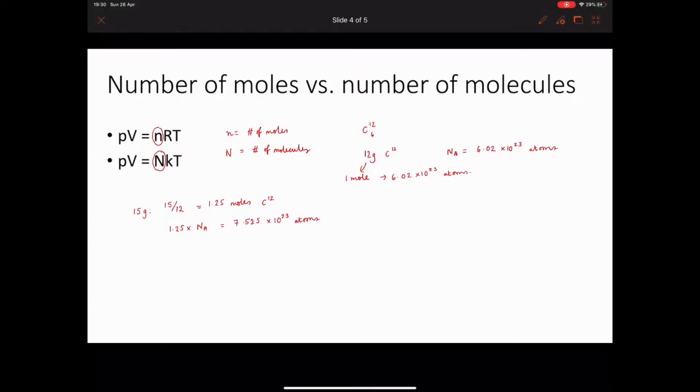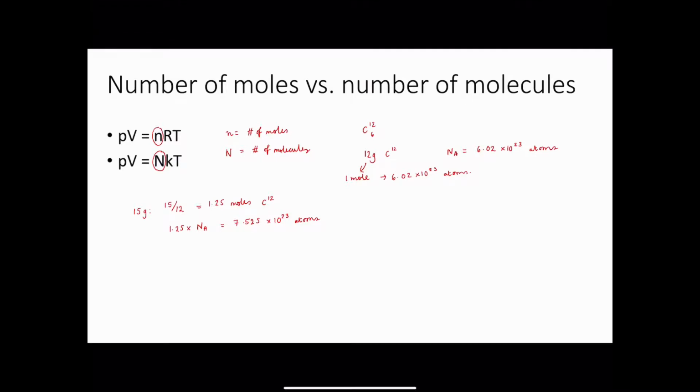So if you know what you're doing there, then we can essentially link together in a really important manner the number of moles versus the number of molecules and how they all link together. So, number of moles, little n, is going to be equal to mass divided by the molar mass.